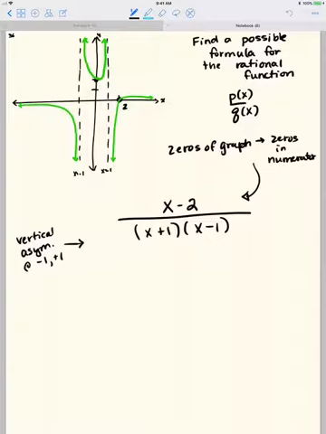The other thing that has to be satisfied, there is a y-intercept up at 2, and there also appears to be a horizontal asymptote here on the x-axis at y equals 0.